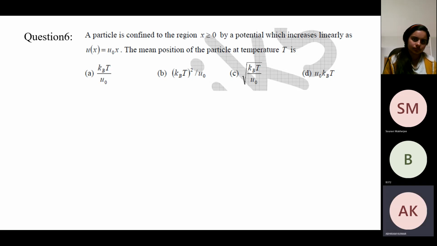See, when you define moments, what you do is take expectation values of different powers of the random variable. So when you say mean value of x, that means you are doing an integration of x times p of x dx, right?